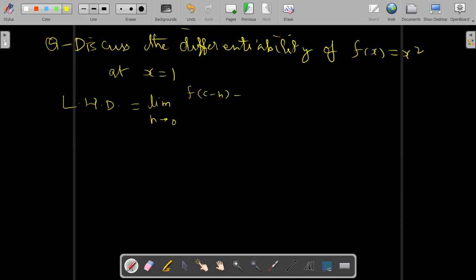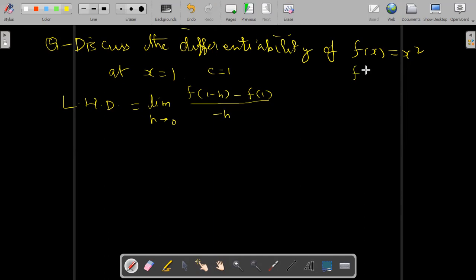But what is c? Here c is equal to 1, so instead of c we can write 1. So the decrement of h from 1, minus f(1), divided by, because it is a left hand derivative, minus h.